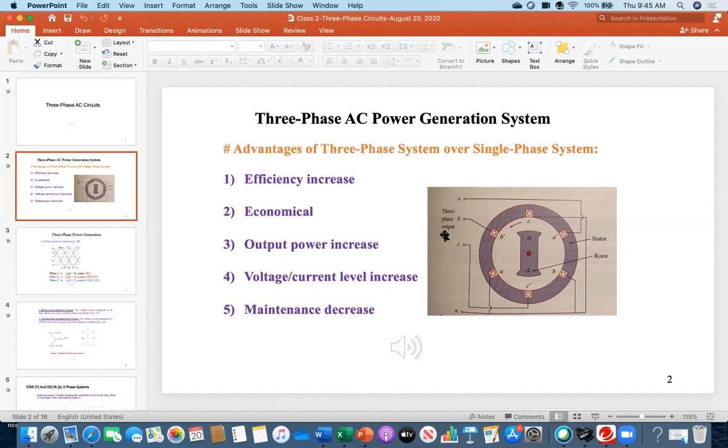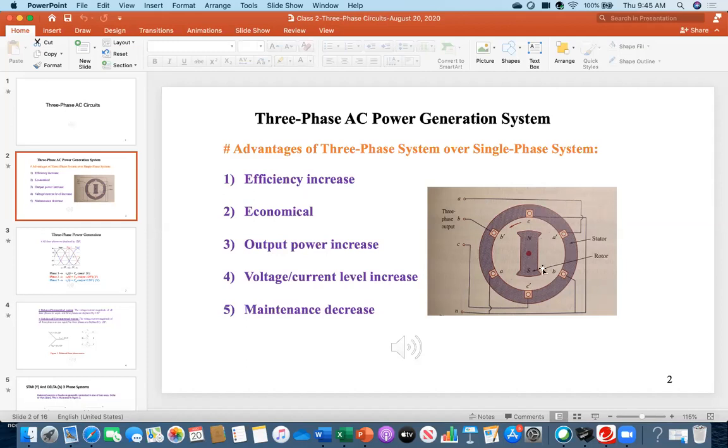Now, the first bullet point of the advantage is efficiency increase. You all know the definition of efficiency: output over input. In this case, the input is this magnetic field rotation, which comes from the prime mover. If you put only one set of coil, then only one set of voltage will build up, which is single phase.